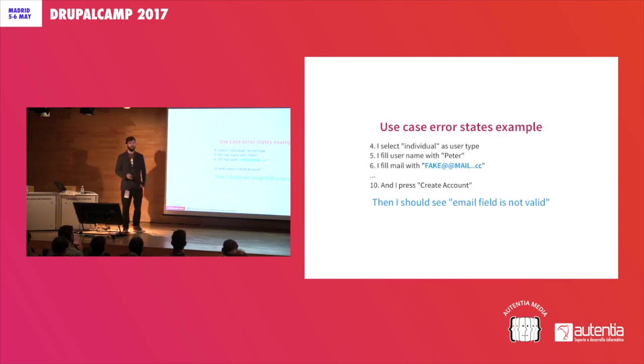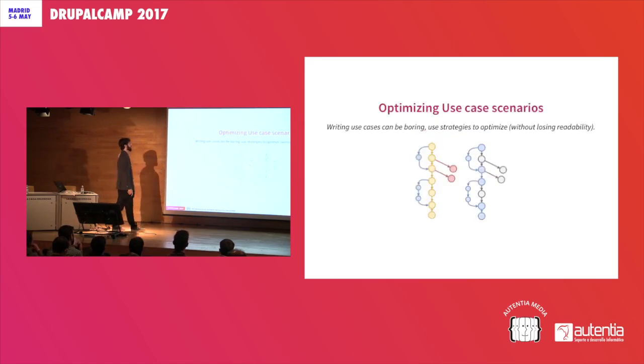My recommendation is try to group all error states in the same test. We are going to see them later, how we structure those tests. And of course, it's subjective, okay? You can take whatever you want of that presentation. And optimizing user scenarios. What we do?